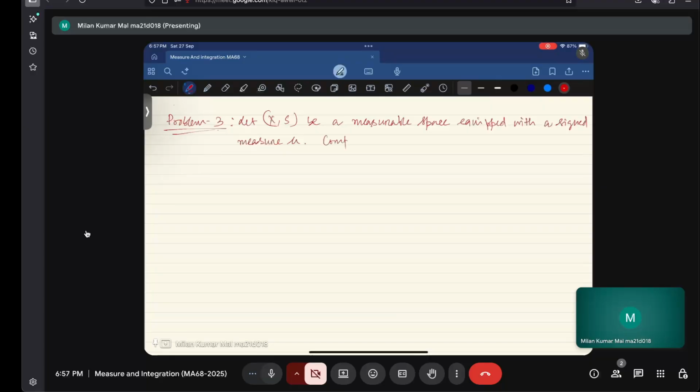Compute d mu plus by d mod mu and d mu minus by d mod mu. So what is d mu, that I will first discuss, then after that we'll try to solve this problem.